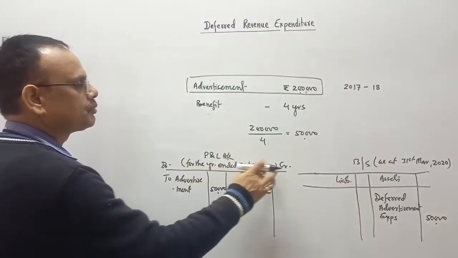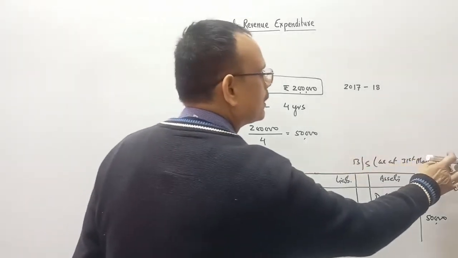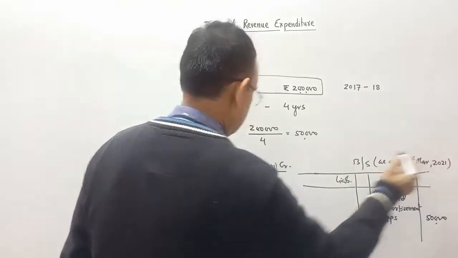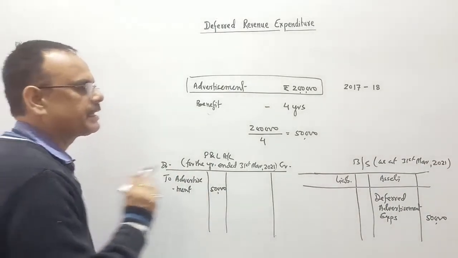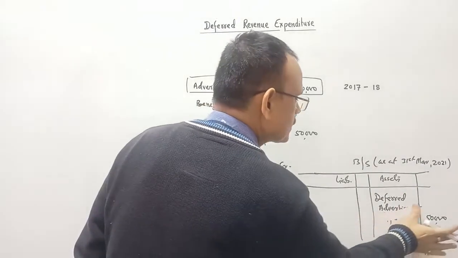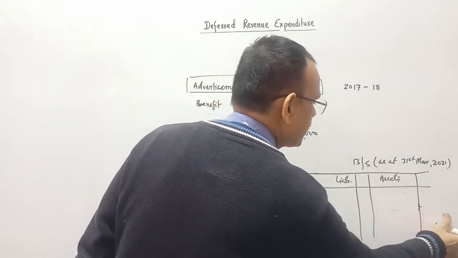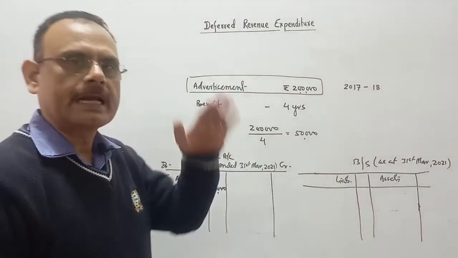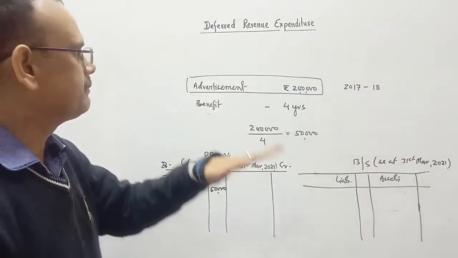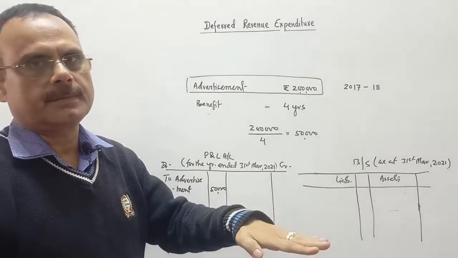Okay, now 2021, you have to write off advertisement expenses 50,000 here, and from here it is now completely written off. This will not be reflected in the balance sheet. In 4 years, we will gradually write off these advertisement expenses.